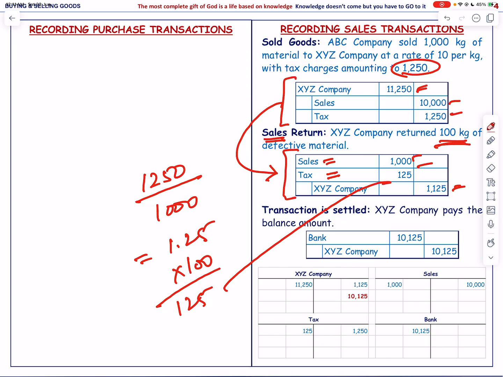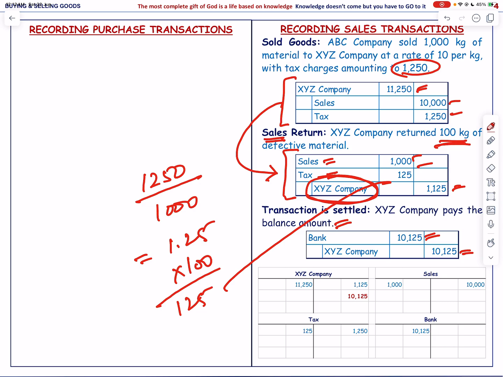So just make a note that this adjustment is referred to as a credit note, as the accountant has credited XYZ company. Then XYZ company pays the balance amount. So our bank balance will increase, and XYZ company account is going to be credited by the amount due to them.